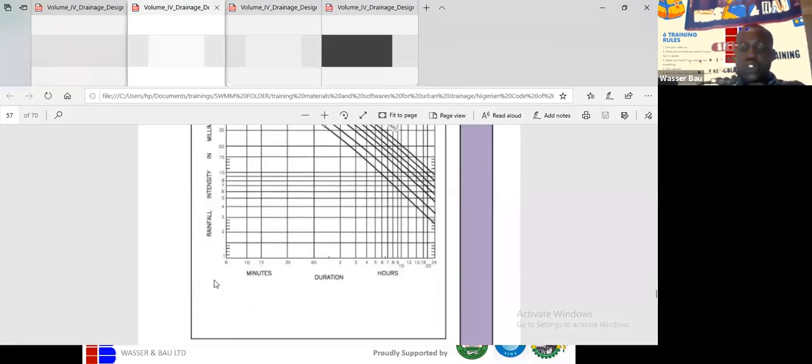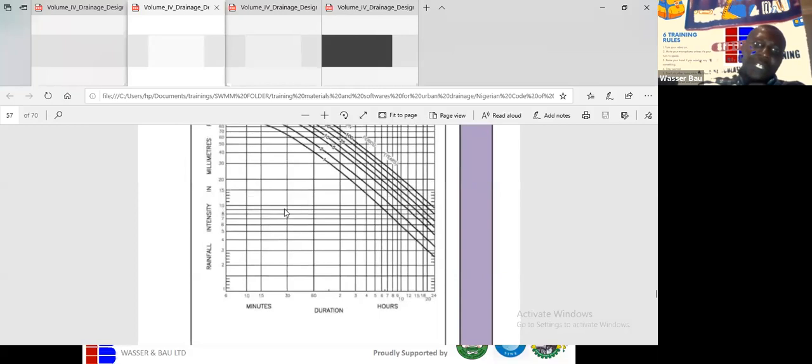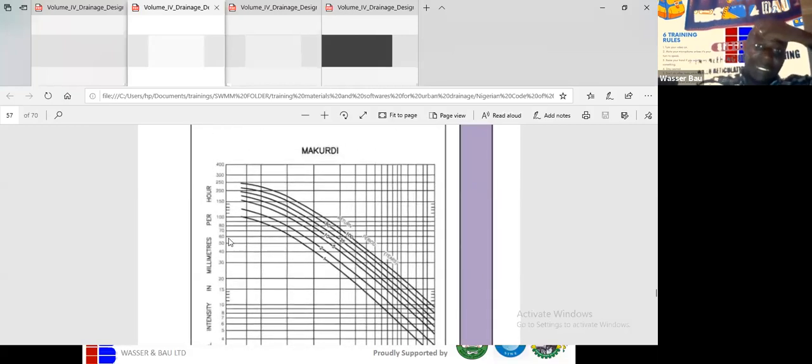It's a chart that shows you the duration of the rain, and then the vertical shows you the intensity. In other words, the millimeter height: if you put a glass jar of water of a certain calibrated size, how high will the water rise in that jar? And gentlemen, some of us have watched CNN.